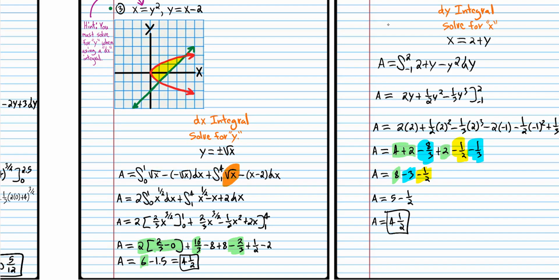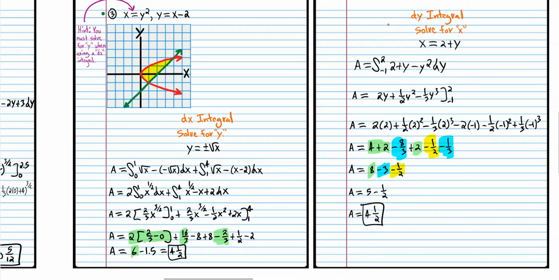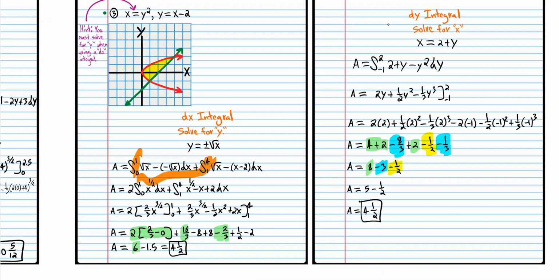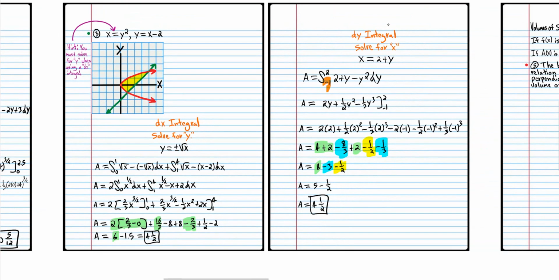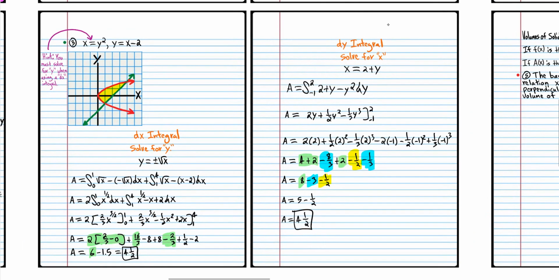Over here, you're taking the y value of the red graph and subtracting the y value of the green graph. But the limits of integration over here are x values, whereas the limits of integration over here are y values. So it's very confusing.